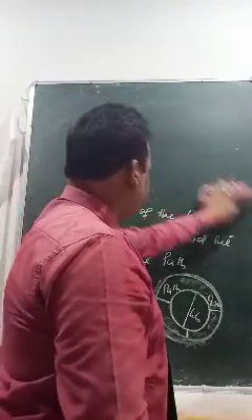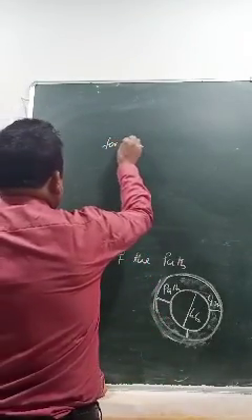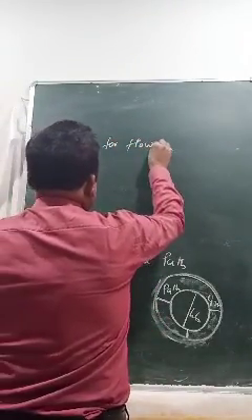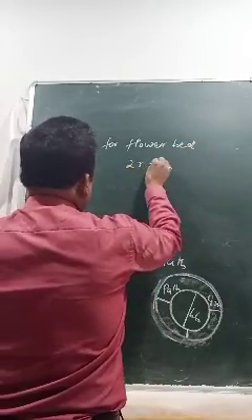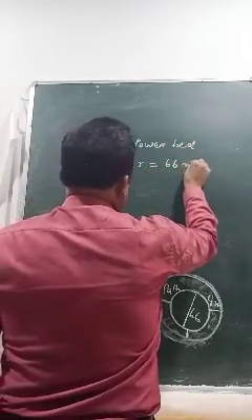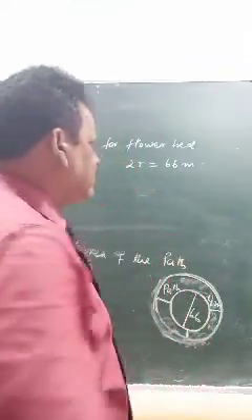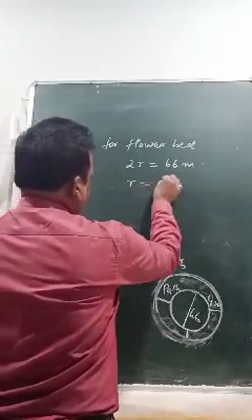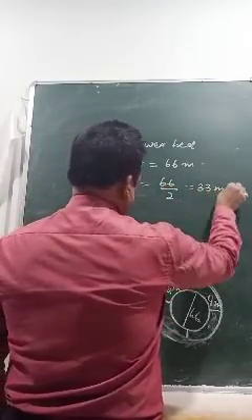First we go to flower bed. For flower bed, 2r is 66, because diameter is 66. So r equals to 66 by 2, 33 meter.